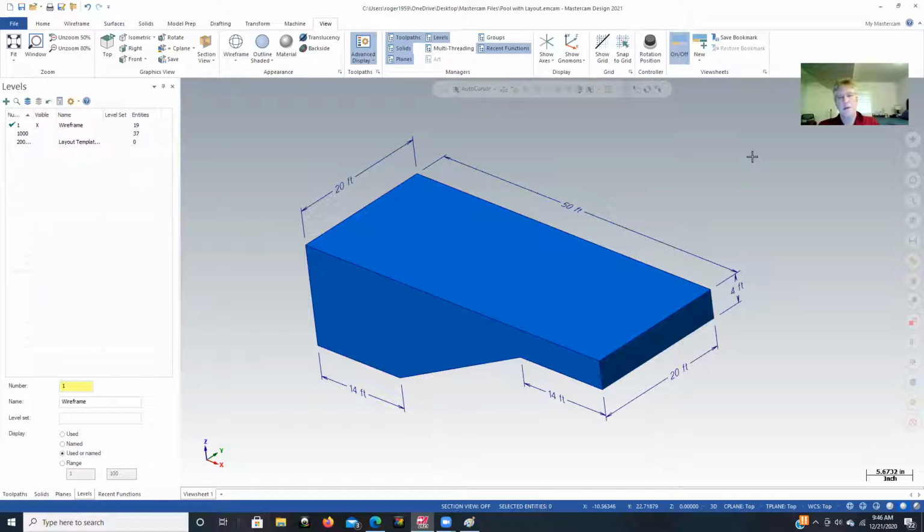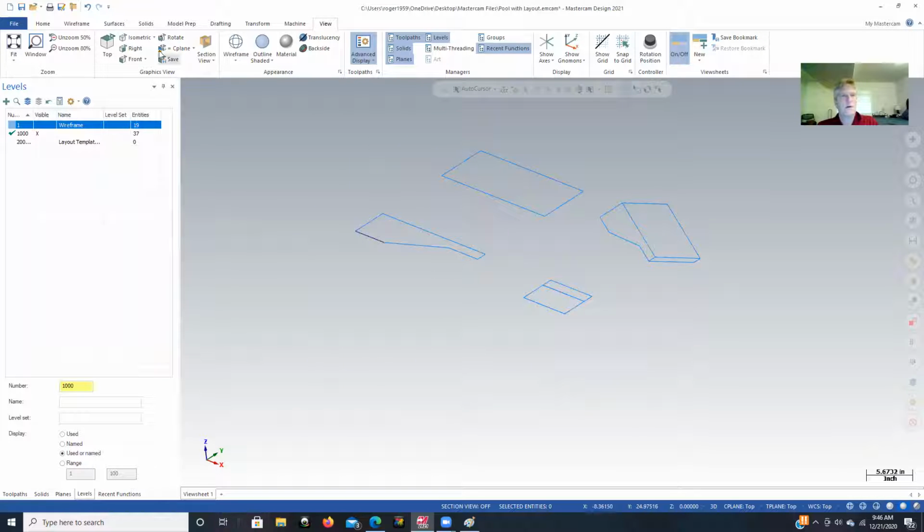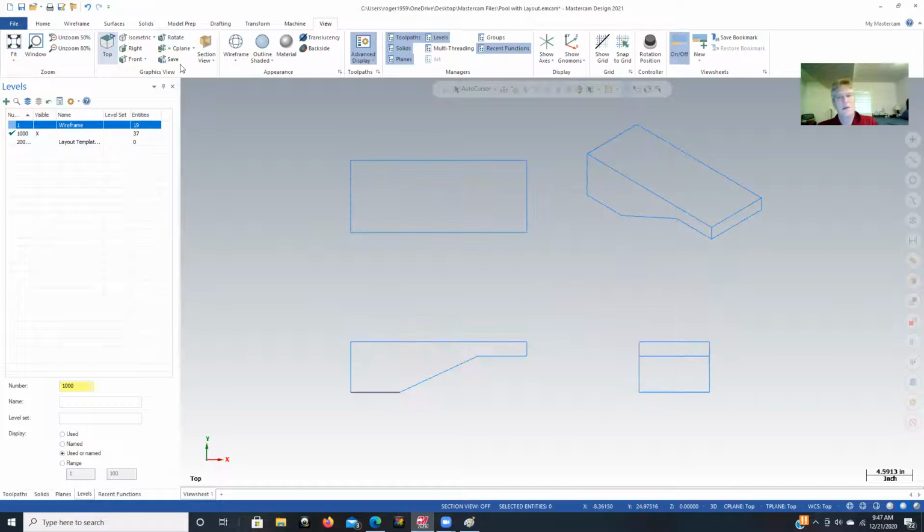I just wanted to show you that when you draw something in Mastercam, you typically want to know what it looks like from each of the three planes. This is what you're going to see on any print of a part in a machine shop.